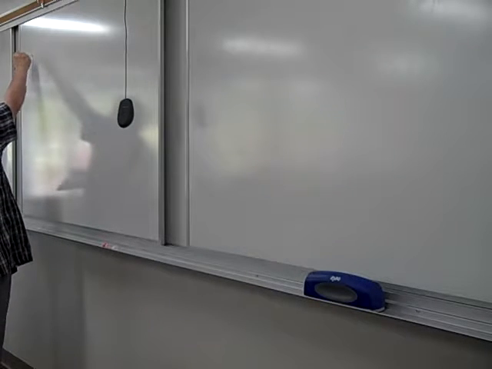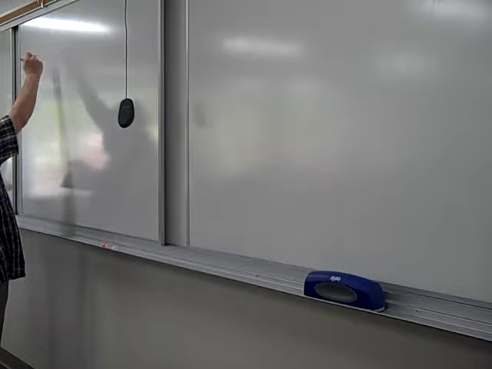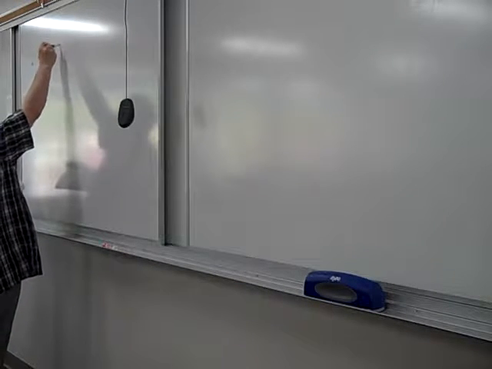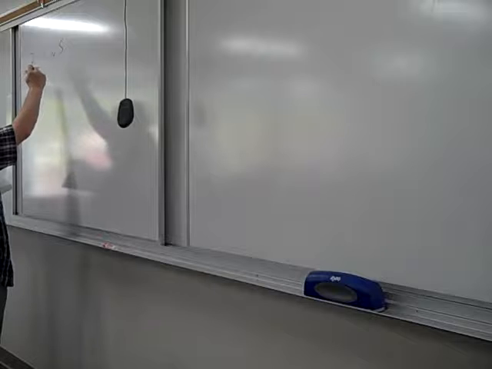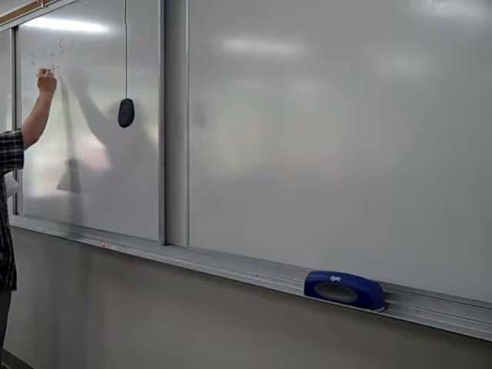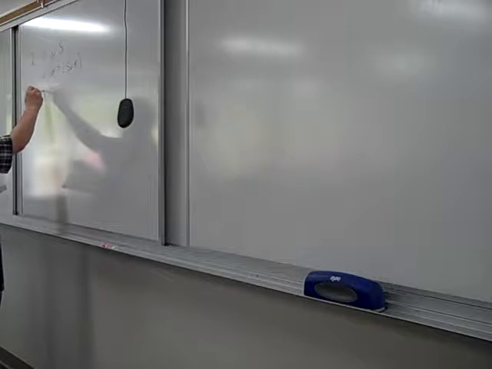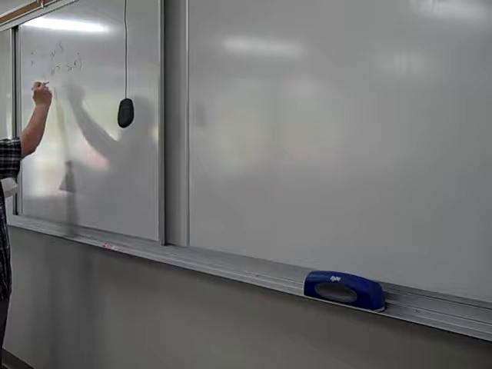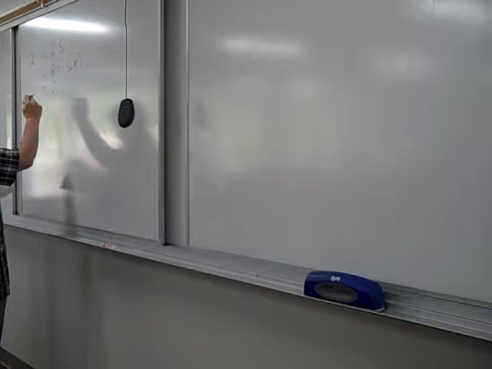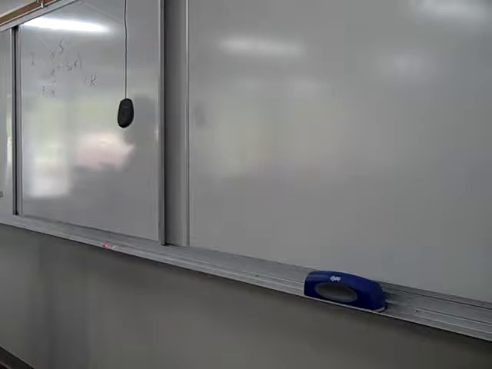So let me put 2 up here. Premise 1, you have not S. Premise 2, we have if Q, then S or R. Premise 3, we have Q. And the conclusion is R. What page is this?